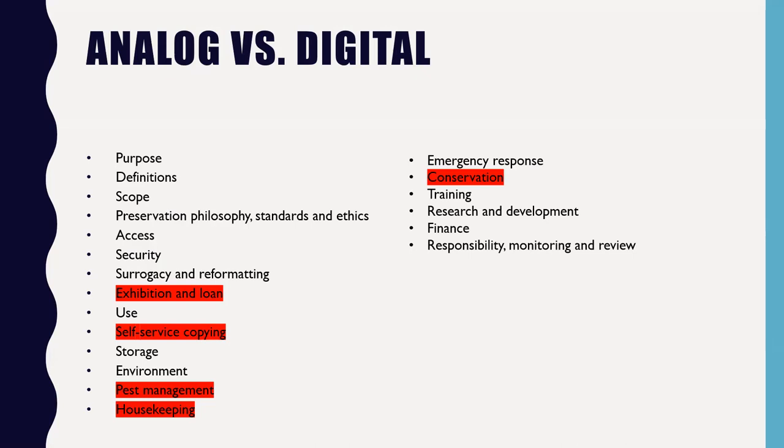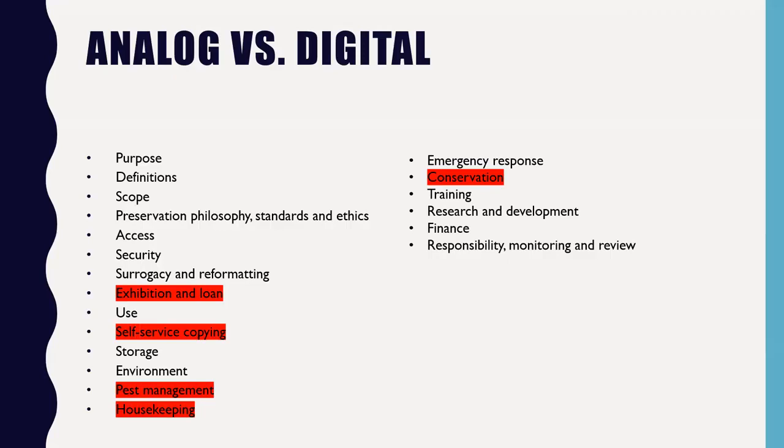But again, just because of the nature of digital materials, there isn't really a book that's rebound or paper that is deacidified or things like that that go on with analog preservation.